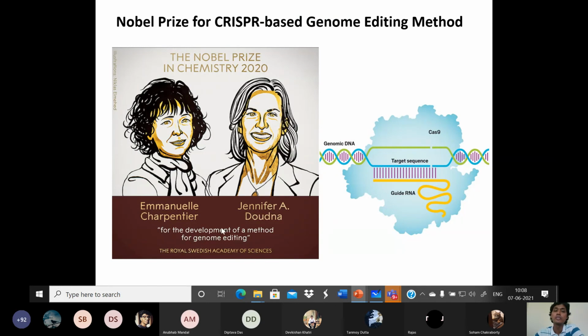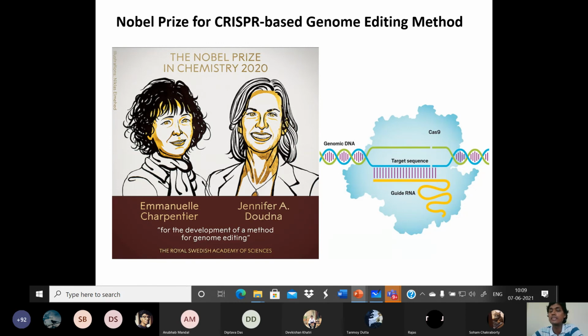Both of these scientists got the Nobel Prize in 2020, right? Just last year. When I used to teach in 2015 and 2016, I also used to teach this thing, and I used to tell students that they were going to get the Nobel Prize within a couple of years. Last year they got it.